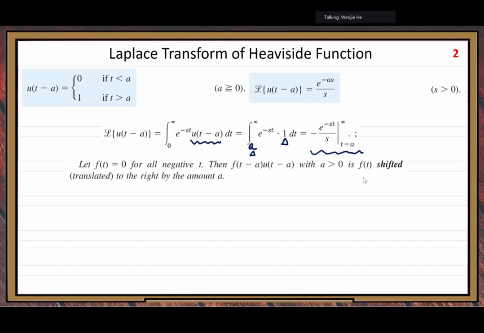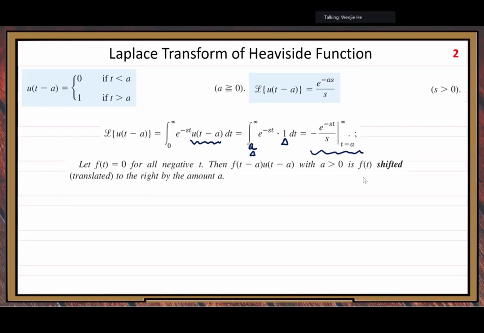All right. So here, now we need to study f. Let little f be 0 for all negative t, and consider this structure. We'll also shift f by a units to the right. All right.